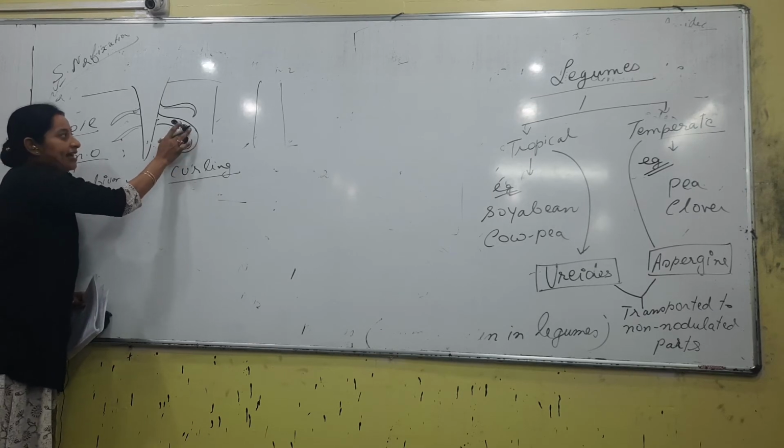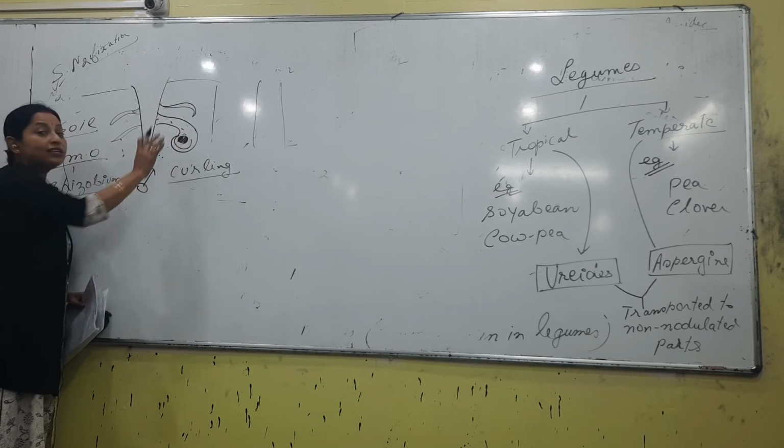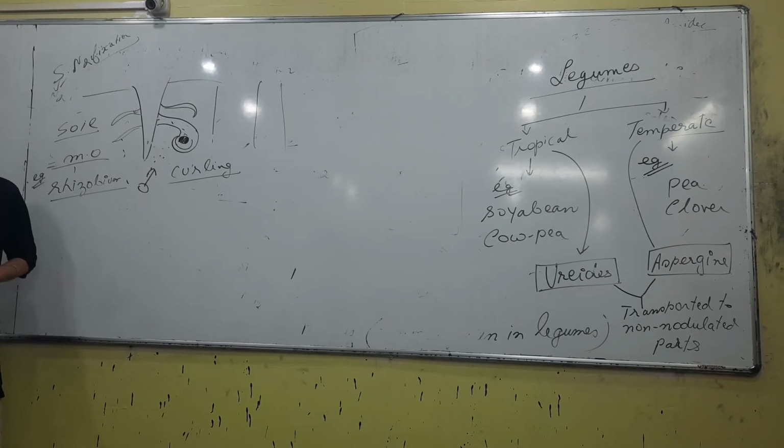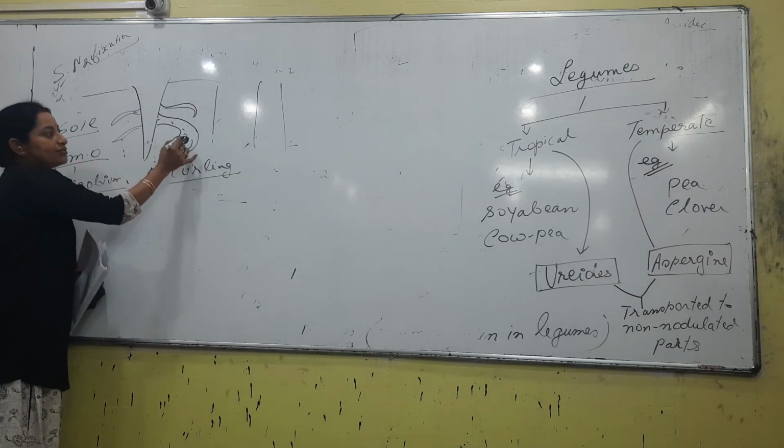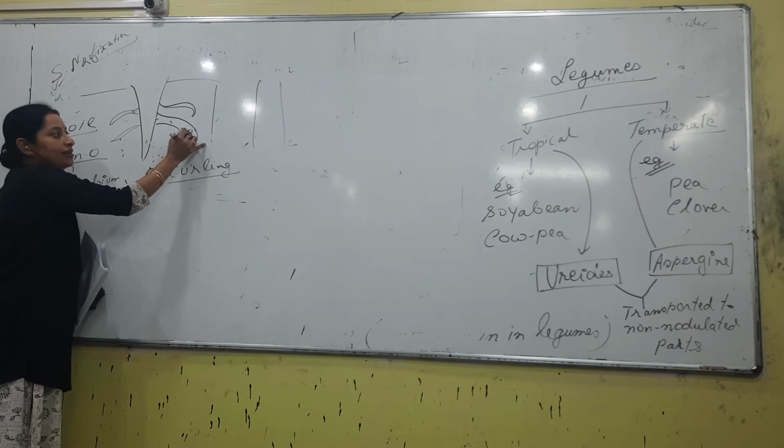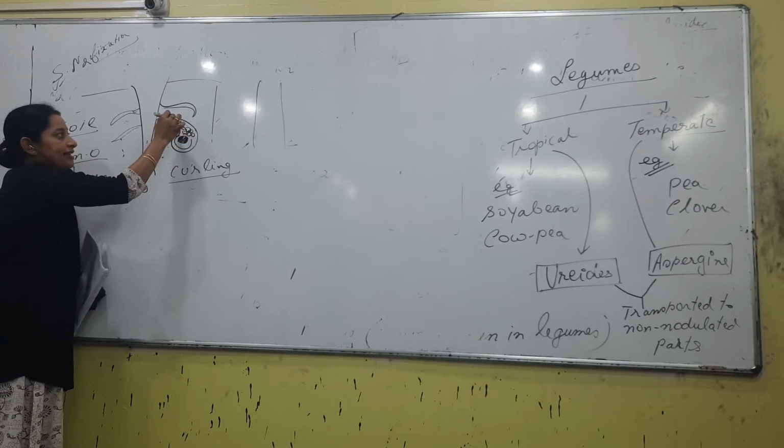Once the bacteria enters the root hair, what will it do? It will multiply and it will cause infection. Obviously, if the pathogen enters the body, it causes infection. So what does this rhizobium do? It will grow and regrow, right? And they will keep on increasing and forming something called as an infection thread.